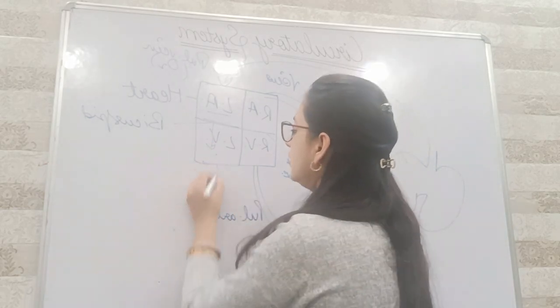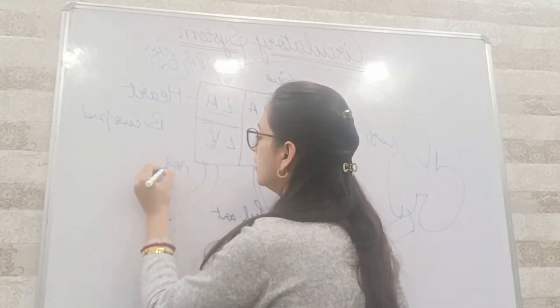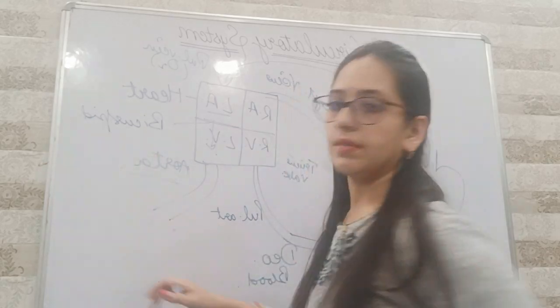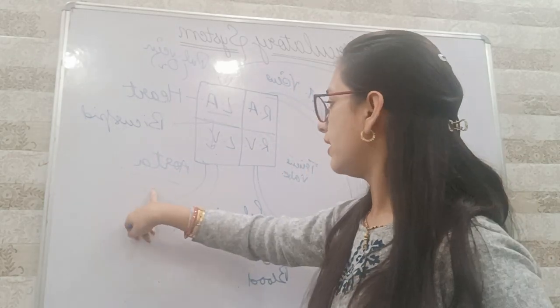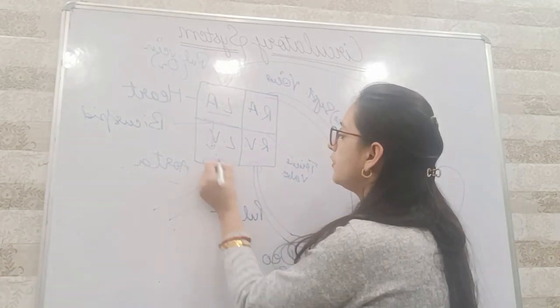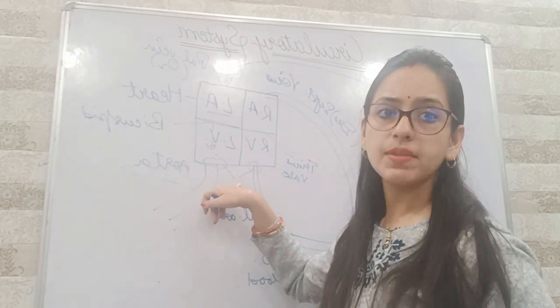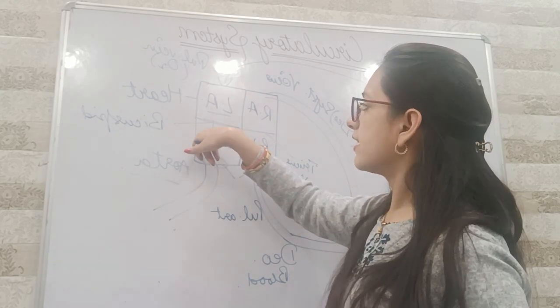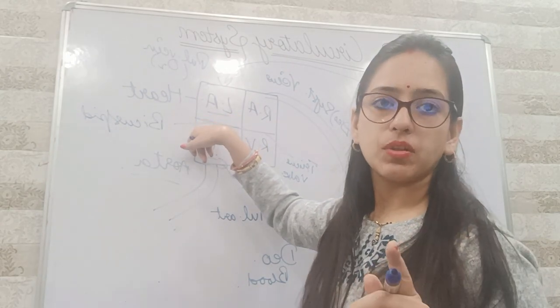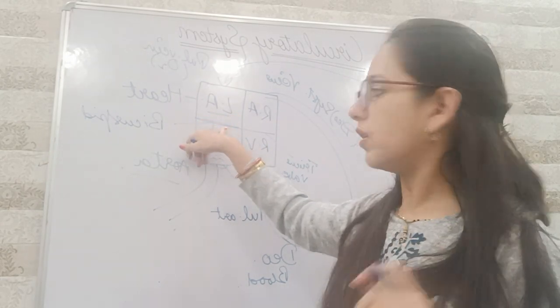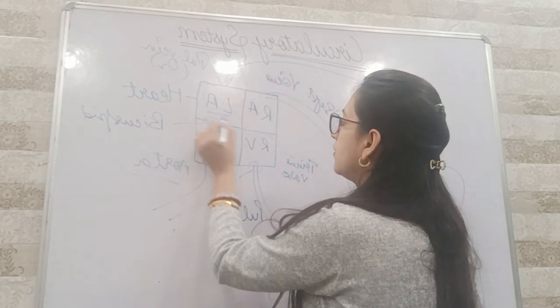From the left ventricle, the blood passes to the aorta, and here we have the semilunar valves. What do we call them? Semilunar valves. These are the AV valves, atrioventricular valves.